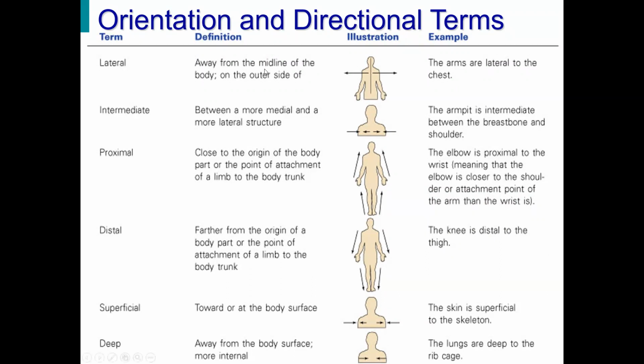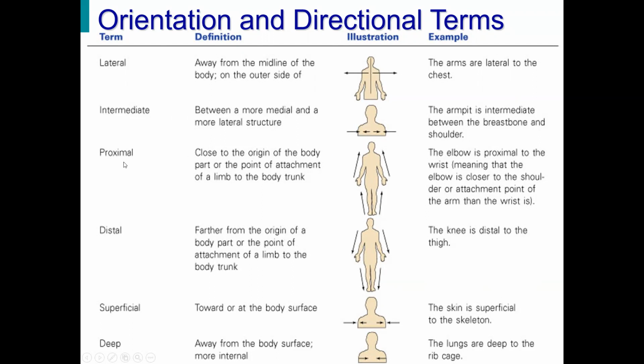Lateral, away from the midplane, okay? The arms are lateral to the chest on either side. Intermediate, between a more medial and a more lateral structure. The armpit is intermediate between the breastbone and the shoulder, kind of like in the middle.